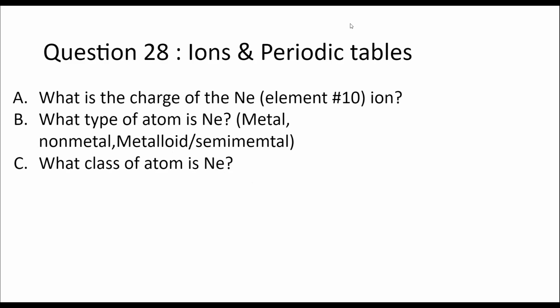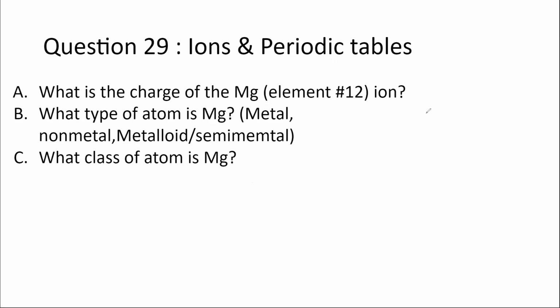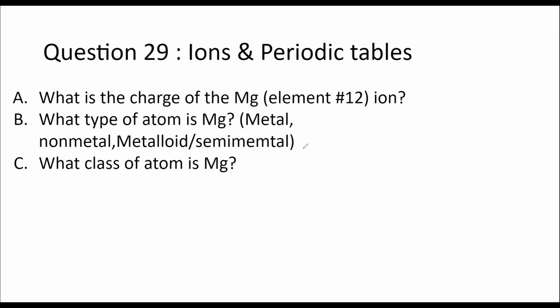And then lastly, we have magnesium here. So I'll give the answer in about 5 seconds here. So magnesium is in group 2. So that's 2+. It's on the left-hand side, so it's a metal. This is an alkaline earth metal.